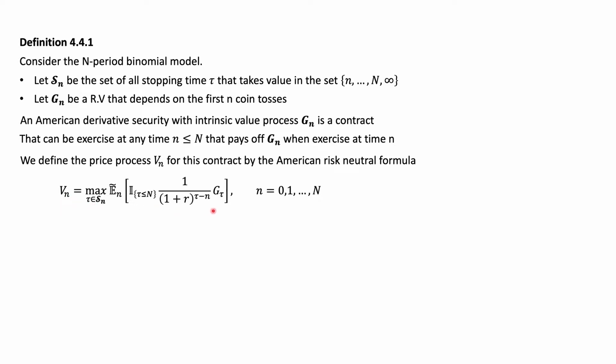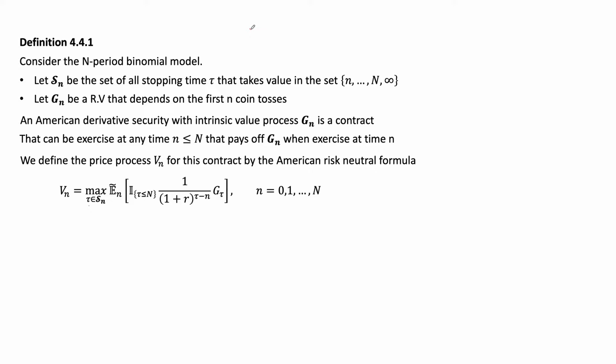There's this relation here that may look quite complicated, but we can go through it very quickly and try to see if we can understand it. So here, for the value of the derivative security, we have a stopping time, right? And the stopping time is going to tell us when do we want to exercise, what is our exercise strategy, right? So we can have many exercise strategies.